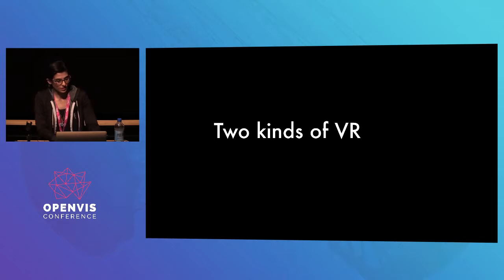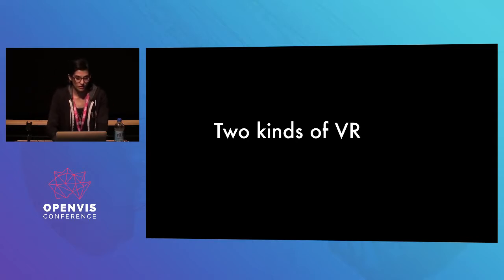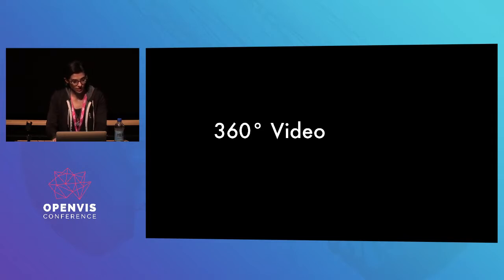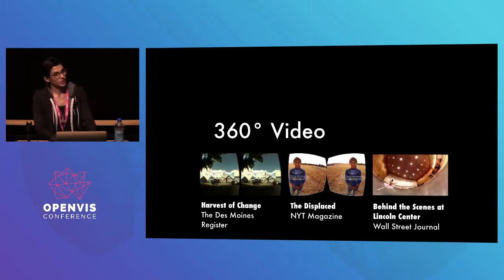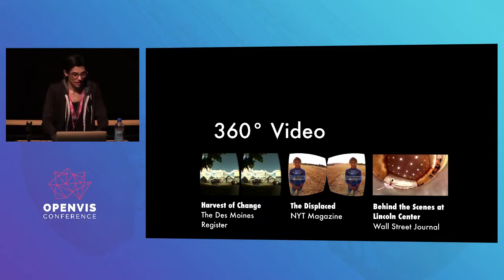Cool, so there's two kinds of VR content being made right now, and there's AR, which is augmented reality, which is a whole other ballgame that I'm not even gonna get into. But right now, the two kinds of VR content are 360-degree video and rendered 3D graphics. For 360-degree video, there's been a lot of journalism done, and I come from a journalism background, so I'm going to be focusing on journalistic applications.